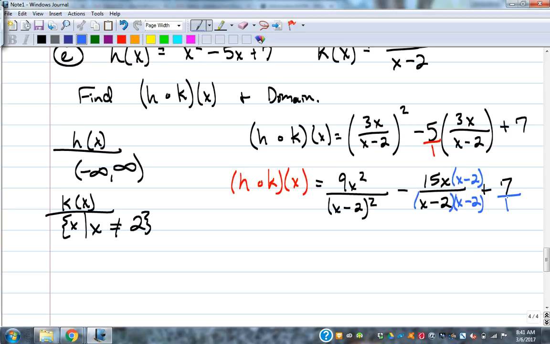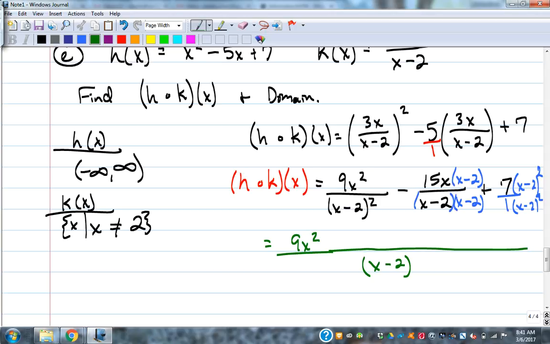That third thing that's not even a fraction yet needs both of them. It needs x minus 2 squared. So that's x minus 2 squared written out there to the side. Give myself room here, 9x squared.